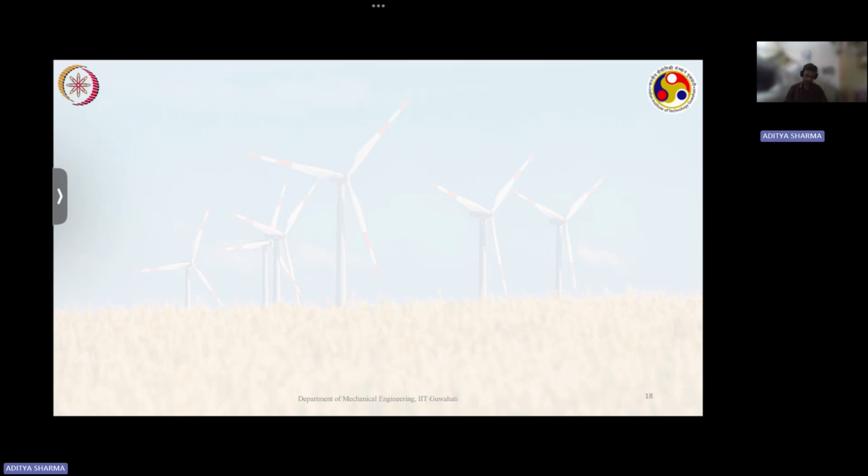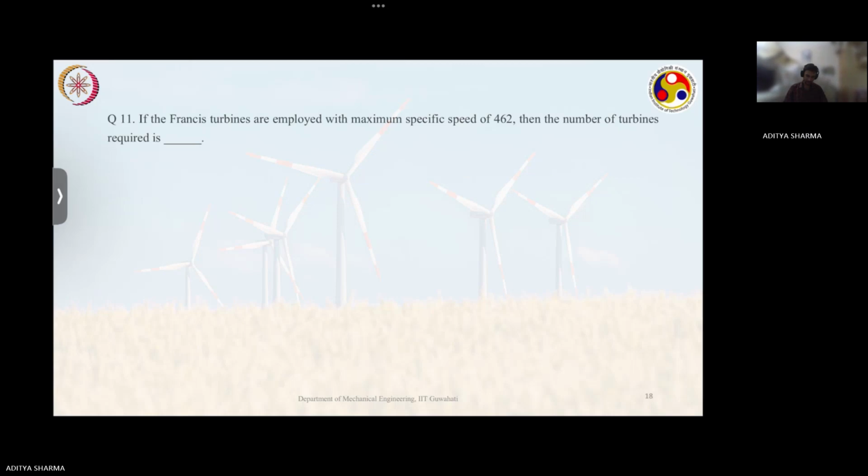Based on this information, we need to find out, if Francis turbines are employed with maximum specific speed, how many turbines can be applied.